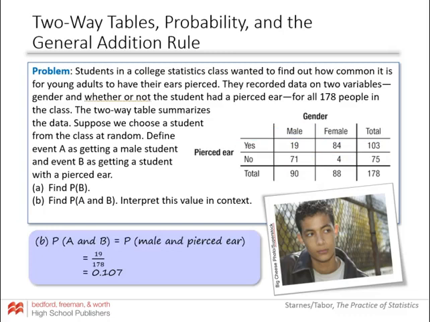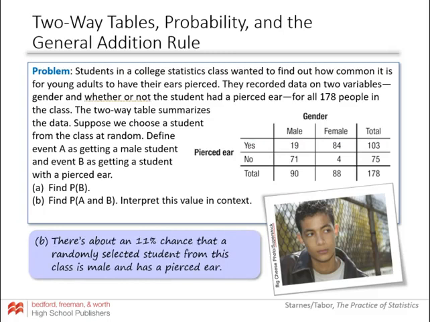So 19 out of 178 people in the class are both male and have a pierced ear. If we interpret that in context, because we're talking about a college class that this data came from, we would say there's about an 11% chance that a randomly selected student from this class is male and has a pierced ear. So we're not going to say A and B. We're always going to refer to the context of the problem.